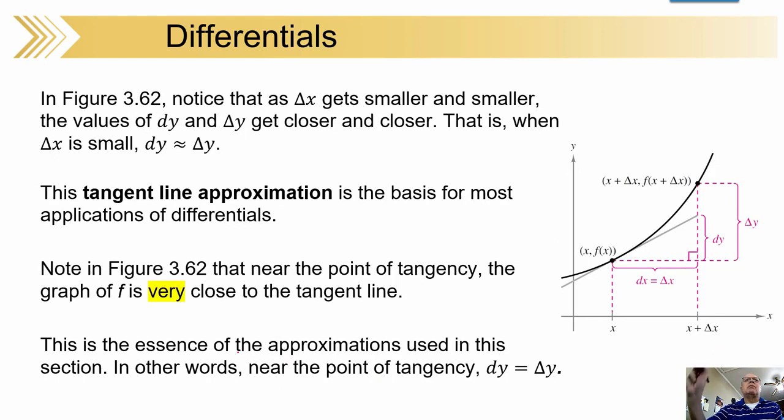Need an example? Well, let's go to it. Here's your picture. The tangent line is the approximation for applications of differentials. In other words, what it's saying is that if you really need to know this delta y, using dy is going to be close, and that'll be good enough. And it's much easier to calculate than calculating delta y.